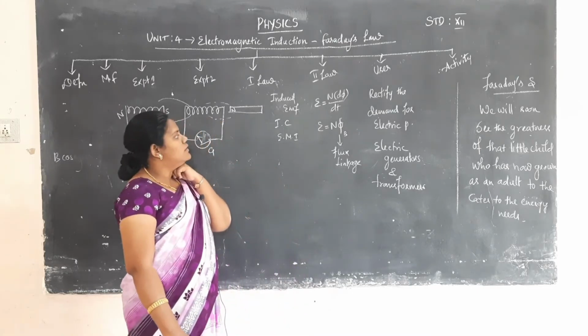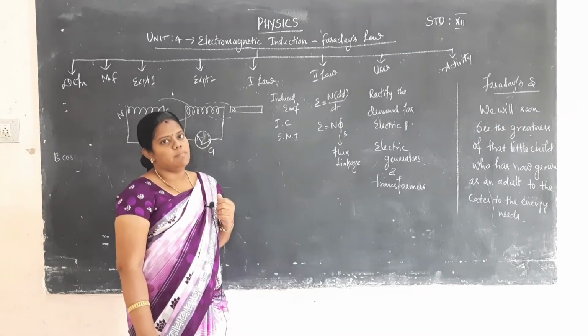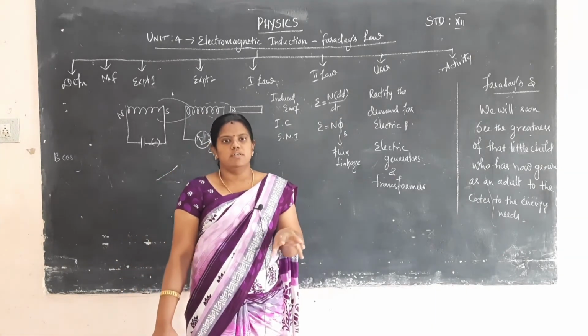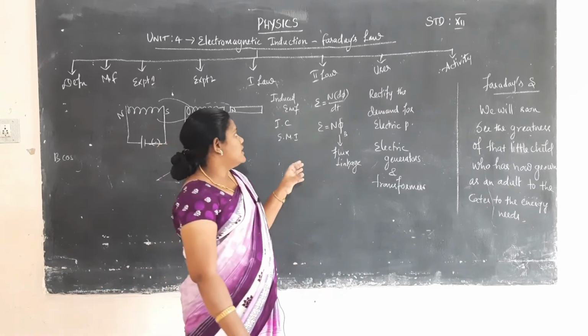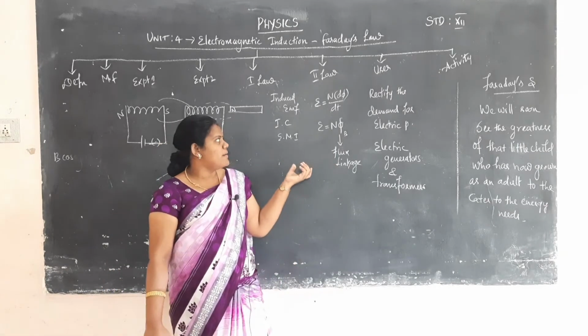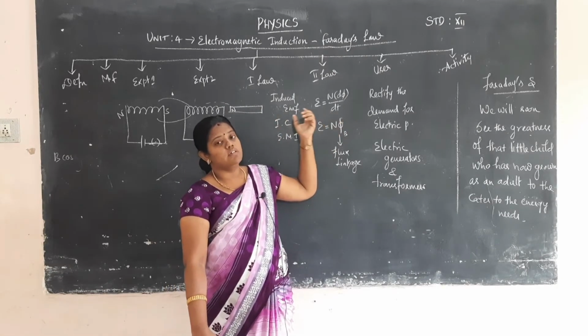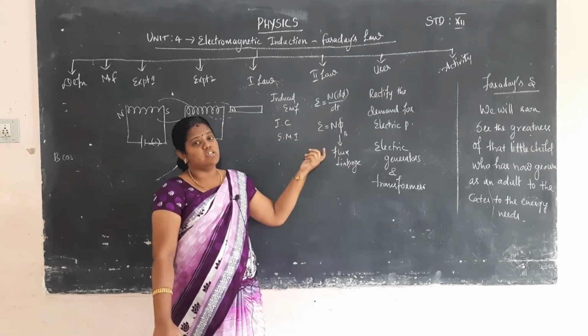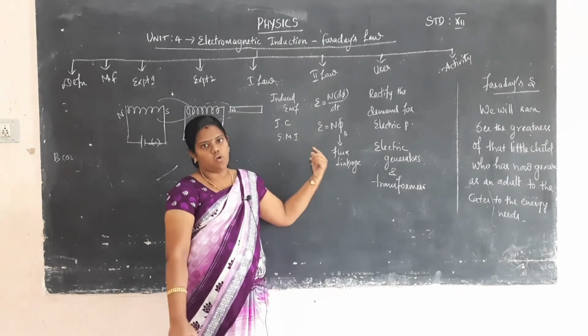Then what is Faraday's second law? When a current is induced, the strength of the induced EMF is equal to the time rate of change of the magnetic flux linked with the coil.